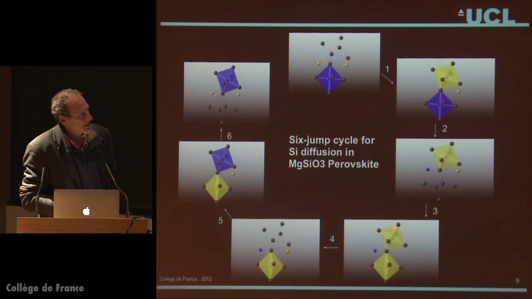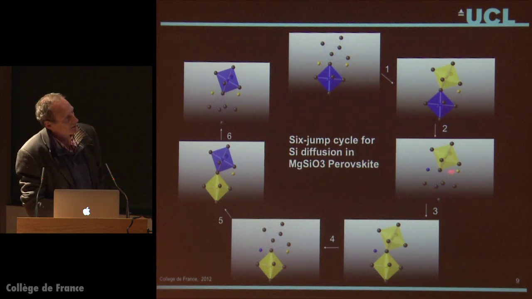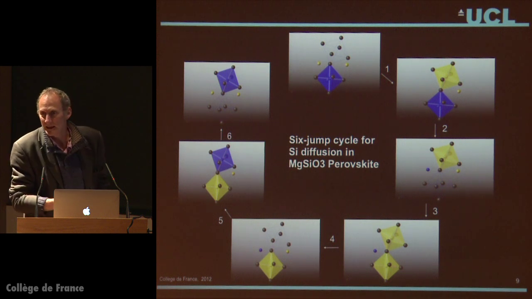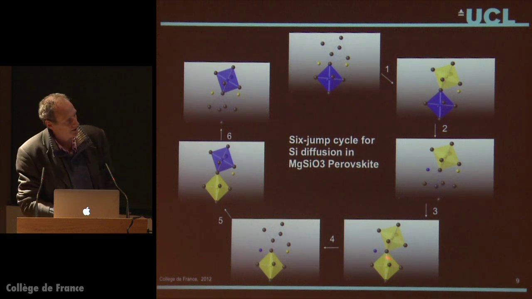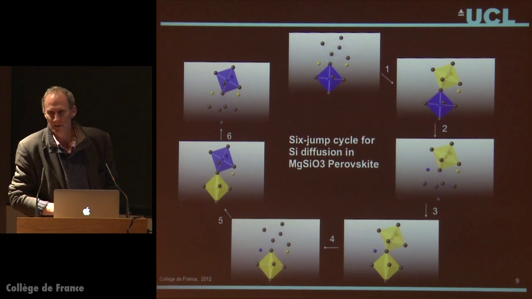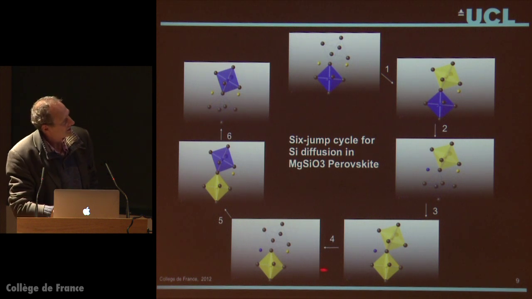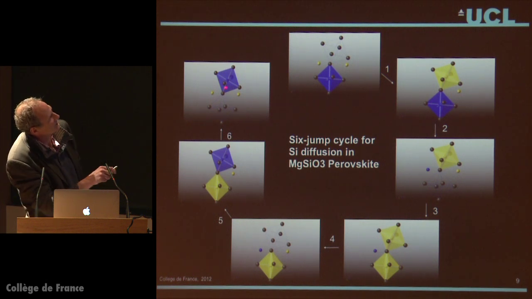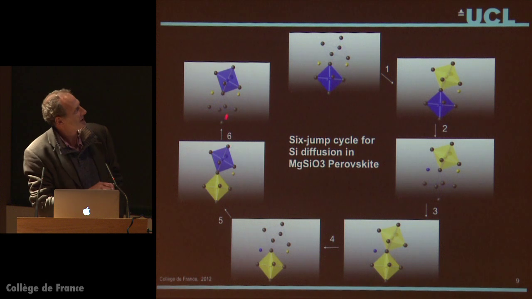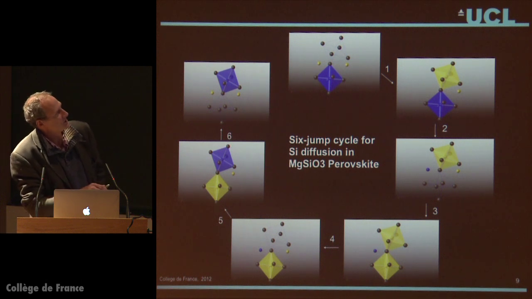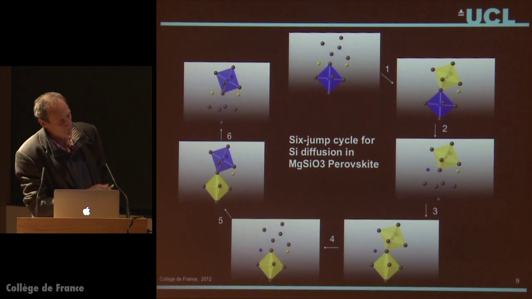Then this other magnesium that started over here jumps into the empty silicon site, and you have this rather bizarre structure where you've got 2 magnesium octahedra, a silicon in the magnesium site, and a vacancy. And then the whole thing starts to unwind, and you get to this place where the silicon has essentially made one jump, or the vacancy has made one jump.